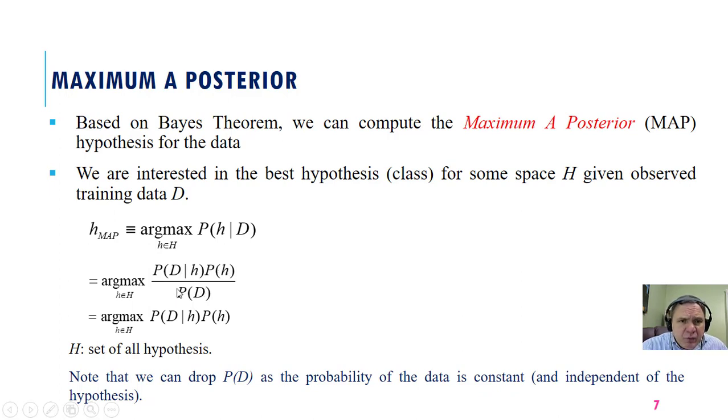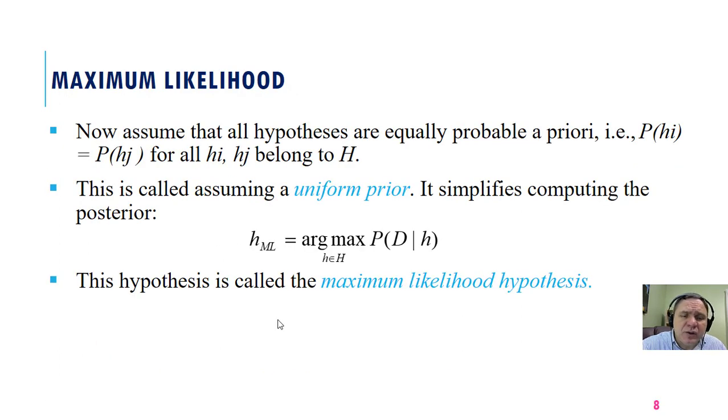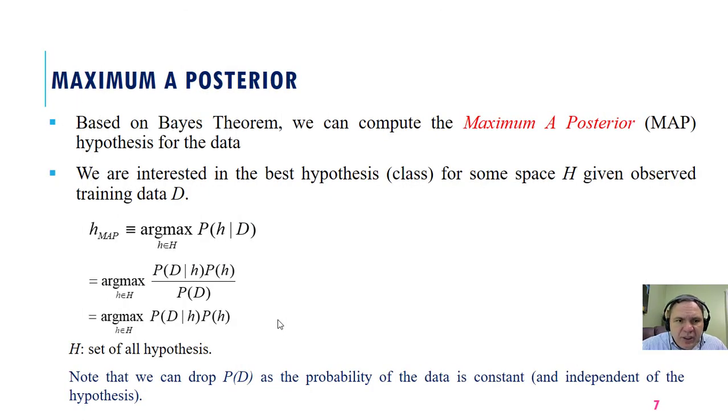So basically, we just replace this with what it means in Bayes' theorem: probability of D given H times probability of H over probability of D. Now the point is, since we are testing the three hypotheses given the data, the probability of the data will be the same for hypothesis 1, hypothesis 2, and hypothesis 3. Since we are dividing by the same value, the probability of D will cancel out in the three cases.